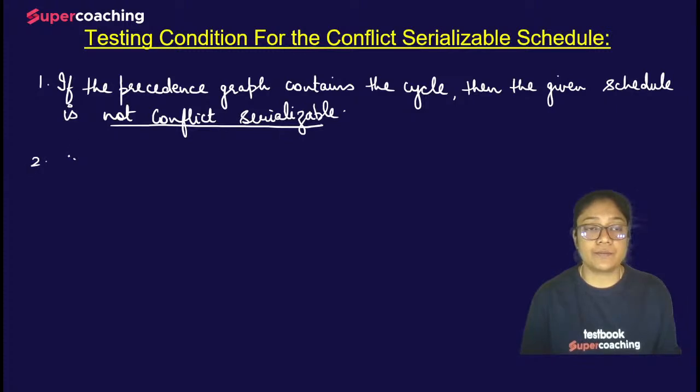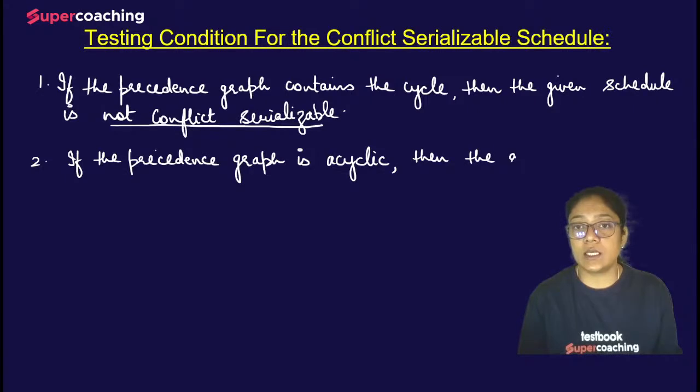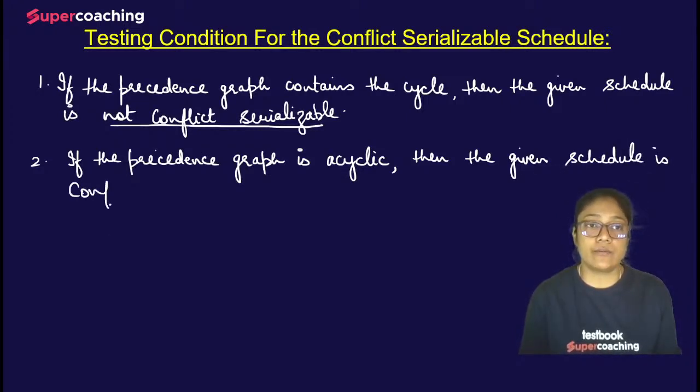But if we are getting an acyclic graph, if the precedence graph is acyclic, meaning there is no cycle, then the given schedule is conflict serializable.